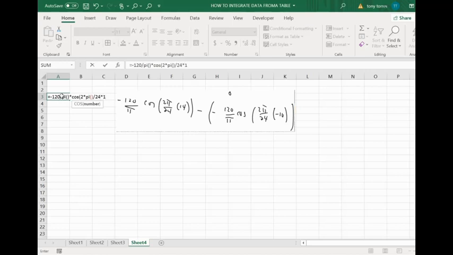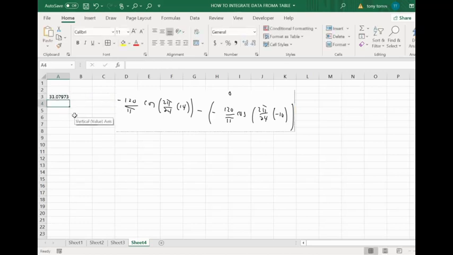Oops, not 13, 14. And I close the parentheses. And I think that will do with this one, and I guess that we are ready. Aha! See? Change sign from negative to positive, so that means this part is negative.